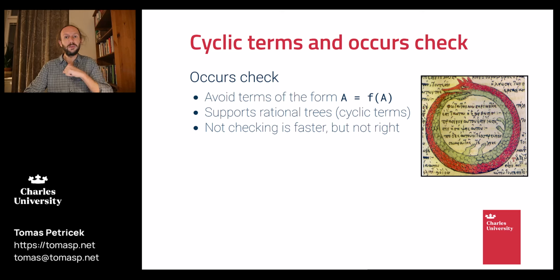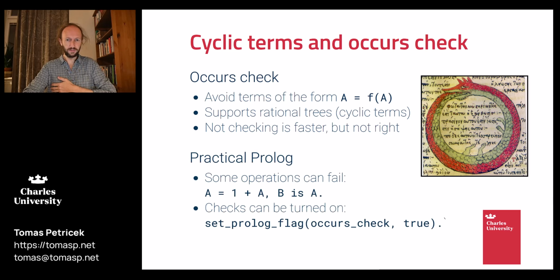The reason why Prolog does this is that not doing the occurs check makes the resolution much faster. So it's faster, but it's not quite right, and you can optionally turn it on. There are some interesting operations that do fail when you don't enable occurs check. There's an operation to turn it on using the set_prolog_flag predicate.